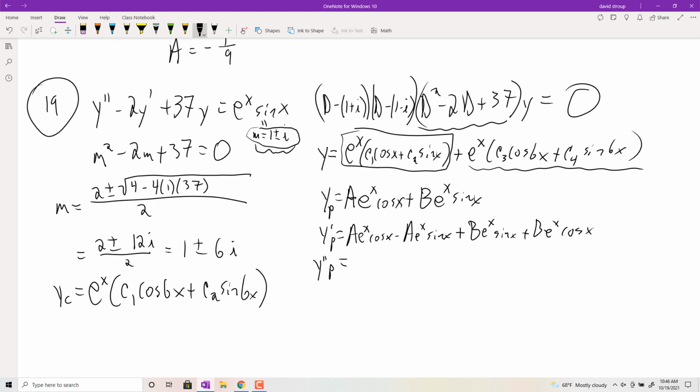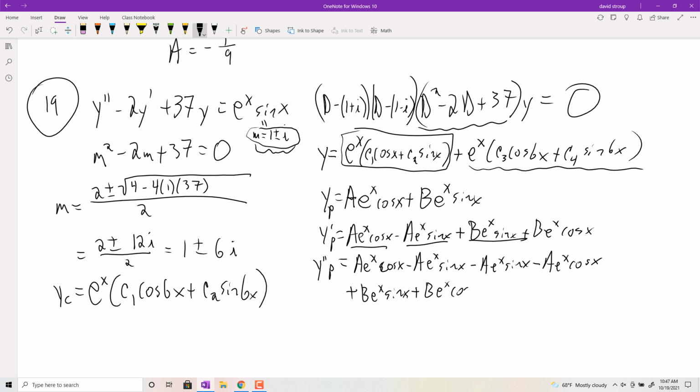So now you should have eight terms. So A e to the x cosine x minus A e to the x sine x on this guy, now this guy, negative A e to the x sine x, minus A e to the x cosine x. Now this guy, plus B e to the x sine x, plus B e to the x cosine x. And finally this guy, plus B e to the x cosine x, minus B e to the x sine x.